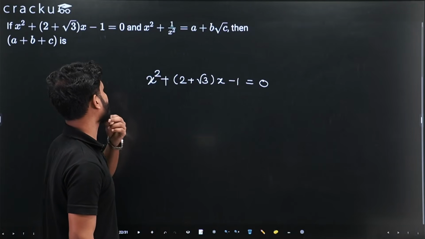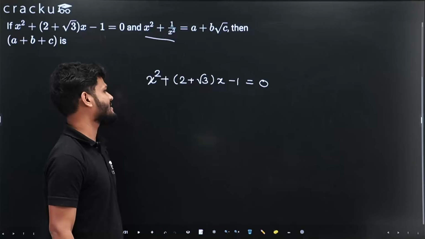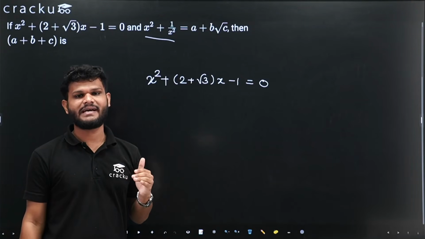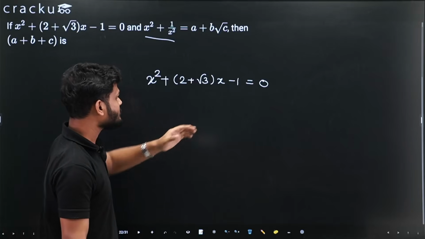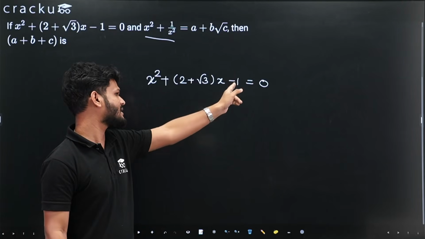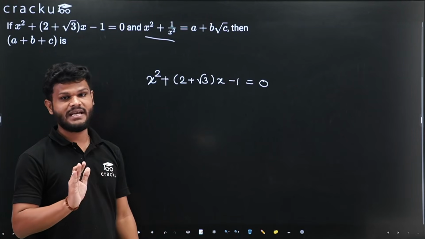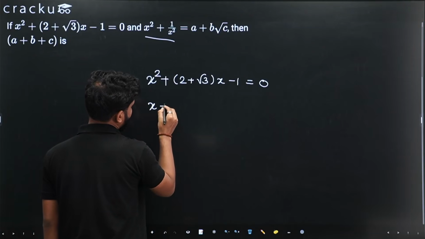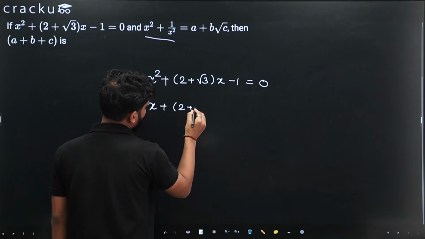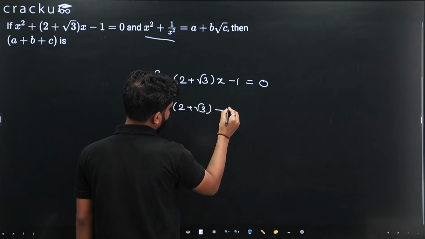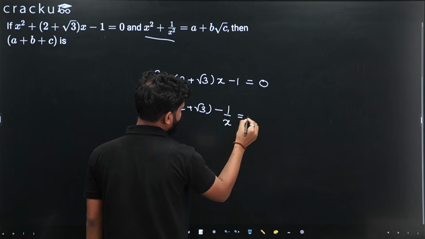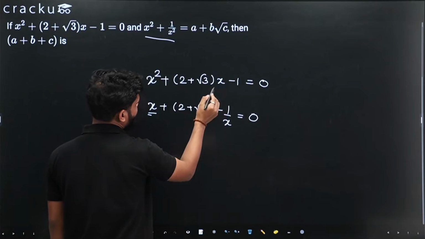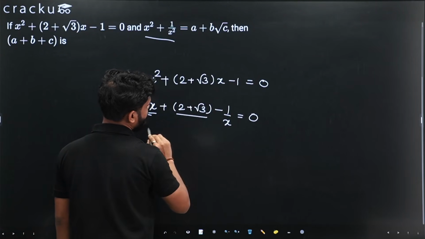How do you proceed further? You have x square plus 1 by x square. So I will try to get this expression in the form of x plus 1 by x or x minus 1 by x. Plus 1 by x I can't get because there is a minus. So I can get x minus 1 by x. So let us divide the whole equation by x. So from here I get x plus (2 plus root 3) minus 1 by x equal to 0. x square divided by x is x. (2 plus root 3)x divided by x is 2 plus root 3.